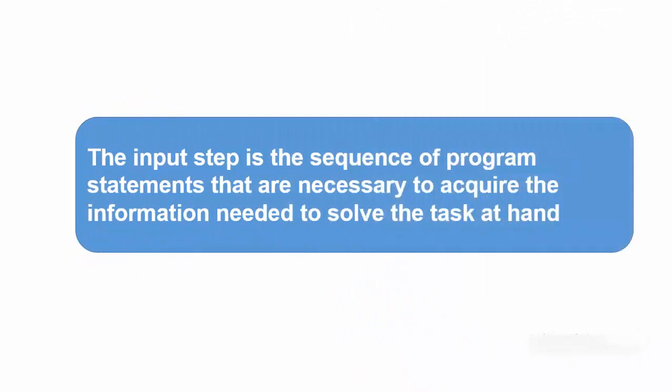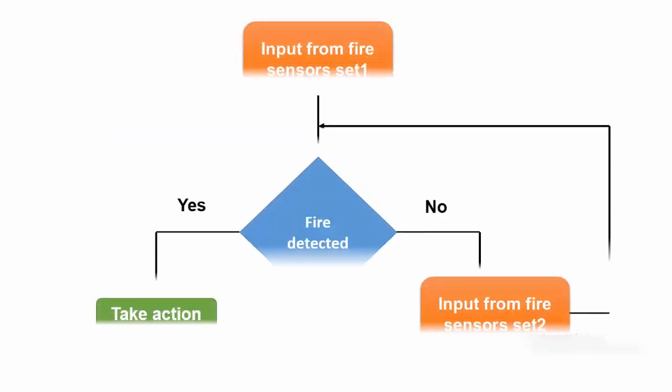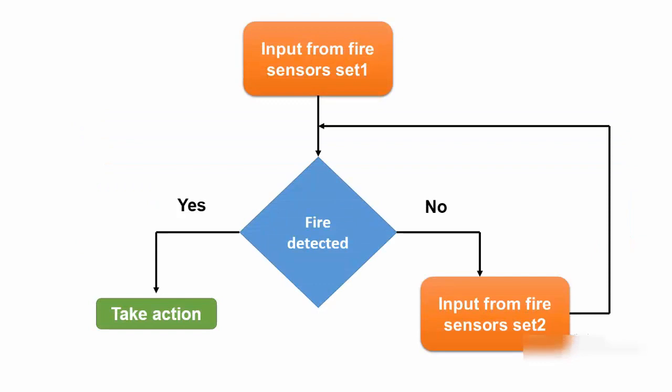The input step is the sequence of program statements that are necessary to acquire the information needed to solve the task at hand. Almost every computer program has a task that is designed to take some existing state of information, process it in some way, and show the new state of that information. For example, if you are writing fire alarm system code, then you take the information provided by the fire sensors, interpret their current state, and if there is a fire, do something about it.